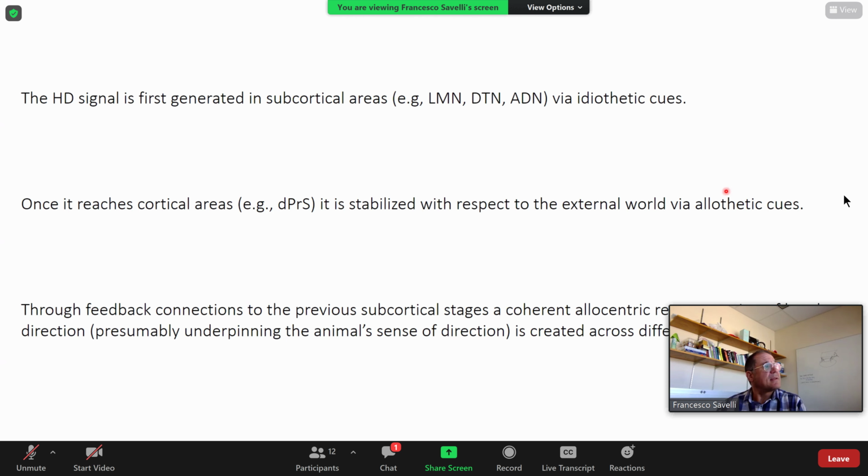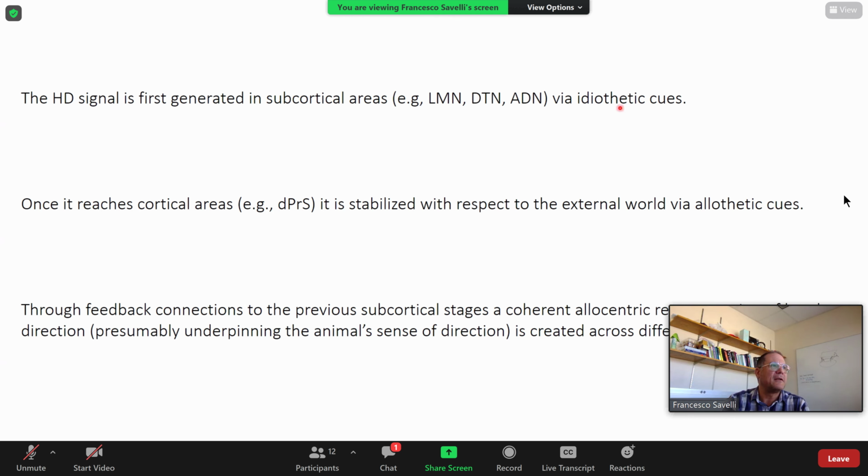But then somehow these cortical areas provide inputs back into the subcortical areas where the signal is generated, so that the whole system works as a loop and keeps everything in tandem.